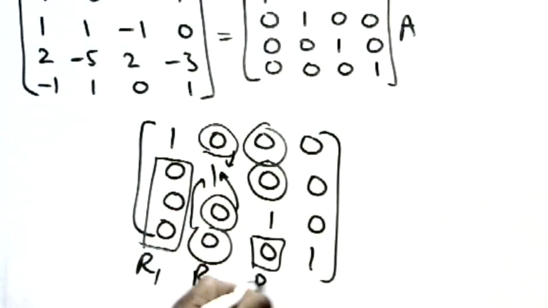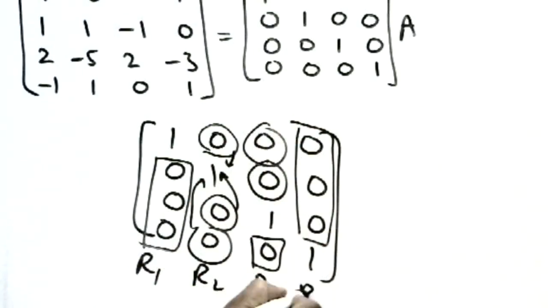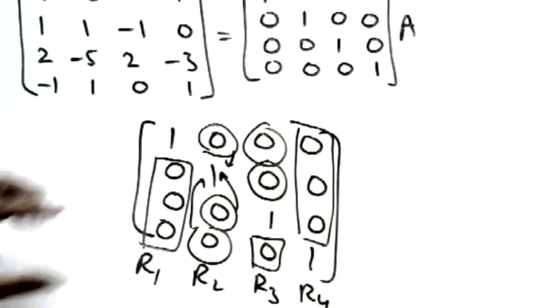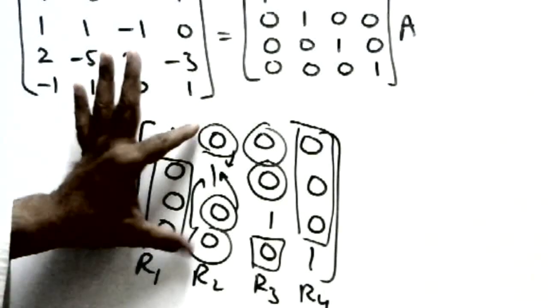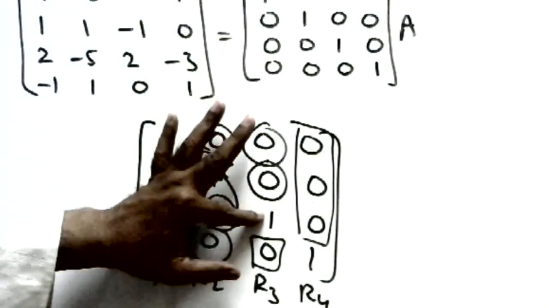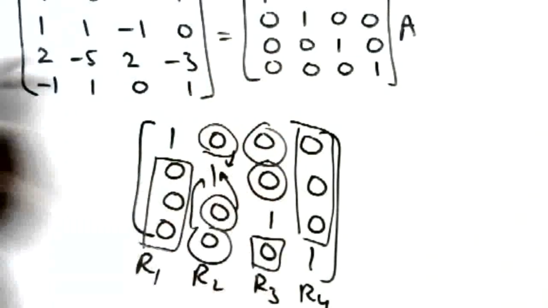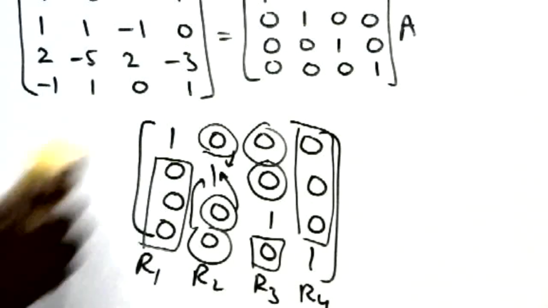Next, make these three zeros using R3, then the last three zeros using R4. This is the easy method. Recall this one.